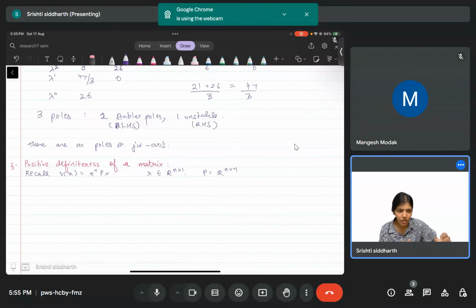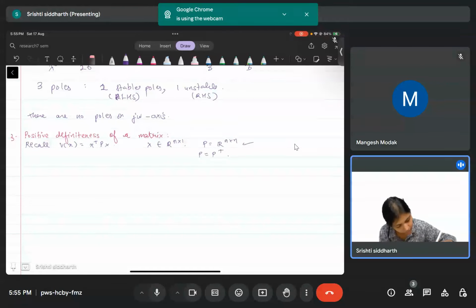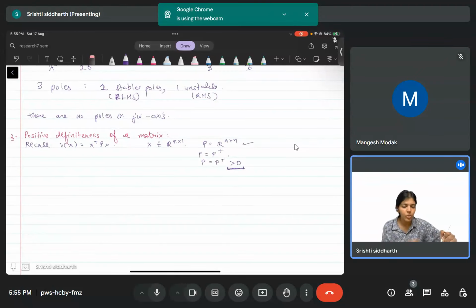P is a square matrix of size n. In addition to being a square matrix, we also take it to be symmetric, and we say that P equals P transpose. A symmetric matrix is positive definite. This is the symbol for it, showing that P is positive definite when there are certain conditions on the P matrix.